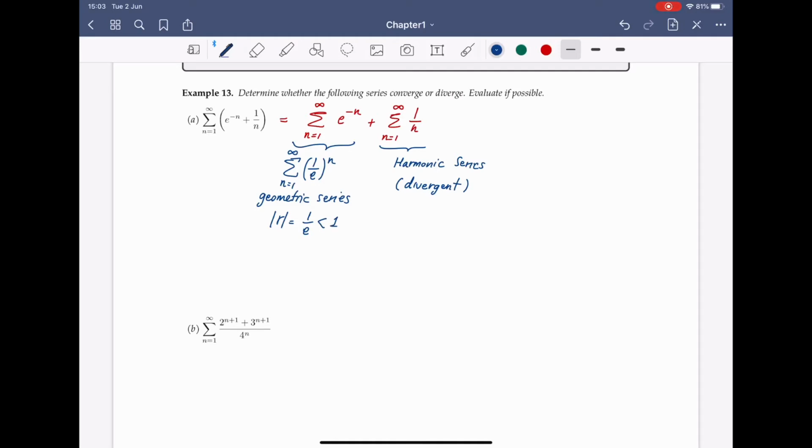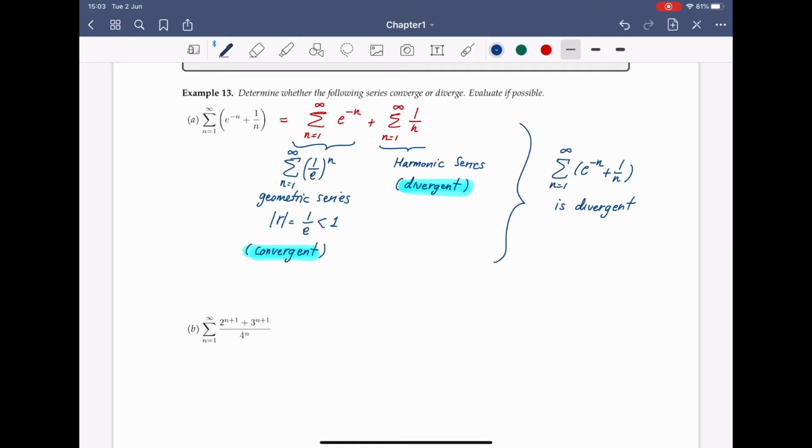That means this series is convergent. So when you add a convergent series together with a divergent series, the answer is going to be divergent. So the summation of e to the negative n plus 1 over n, starting from 1 to infinity, is divergent.